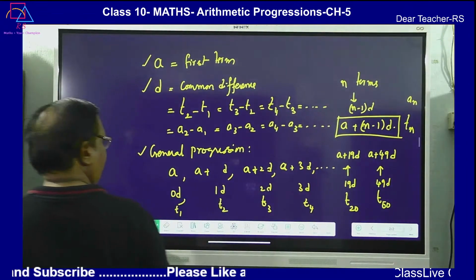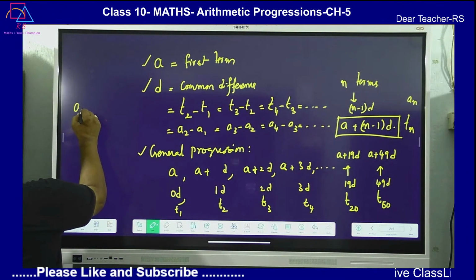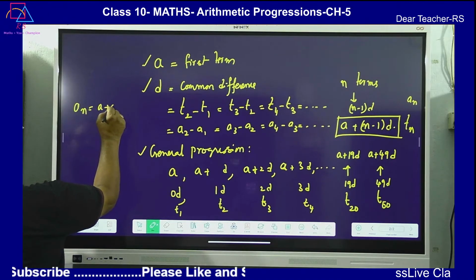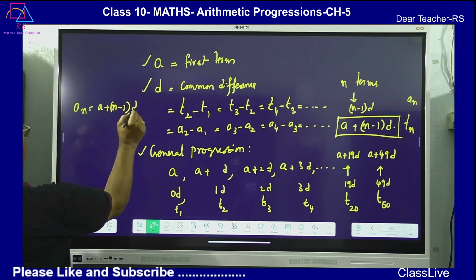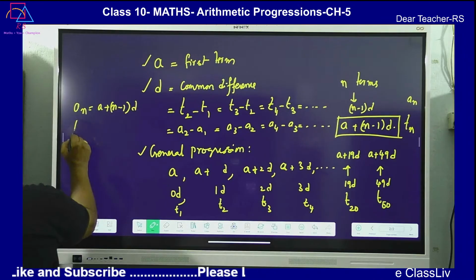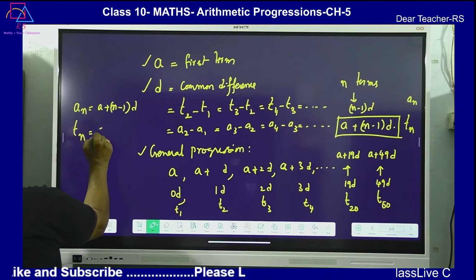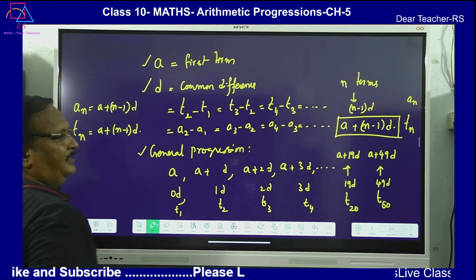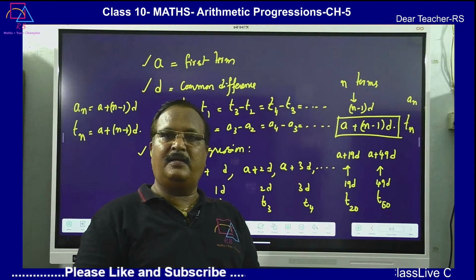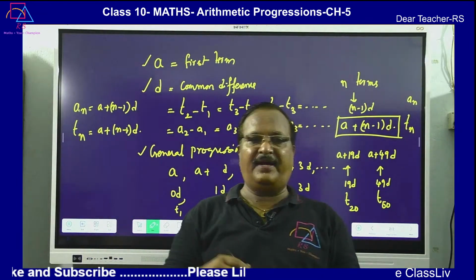So the formula is An equals A plus n minus 1 into D. You can take Tn also, for those who are comfortable with T1. So this is the formula. Using this formula you can find any term.